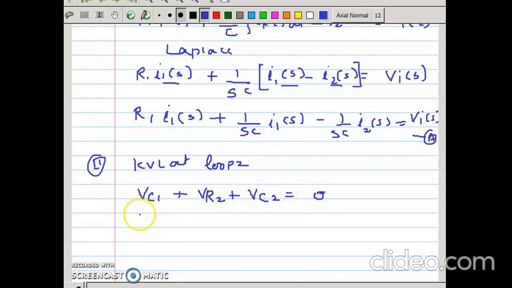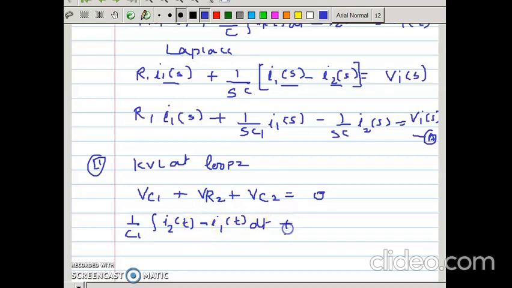What is the voltage across C1? It is 1 upon C1 integration of I2 of t minus I1 of t dt, taking I2 first because this is the second loop. You may understand why we take the subtraction I2 minus I1: because there are two currents in this branch.